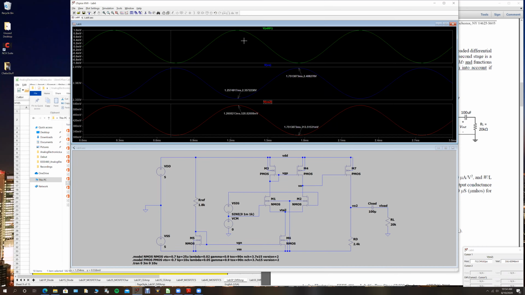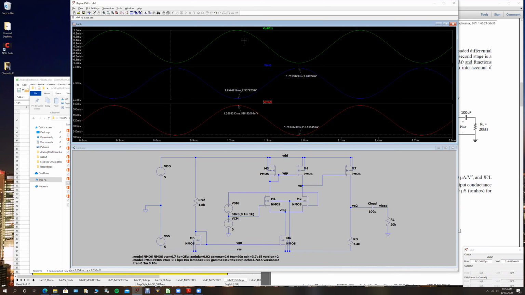And the gain of the first stage should be about the same as it was for lab 5 because we haven't modified that circuit at all. And we can figure out the gain of the second stage by dividing the peak to peak of the red curve by the peak to peak of the blue curve, because we're looking at how much VO2 changes in response to VO1.